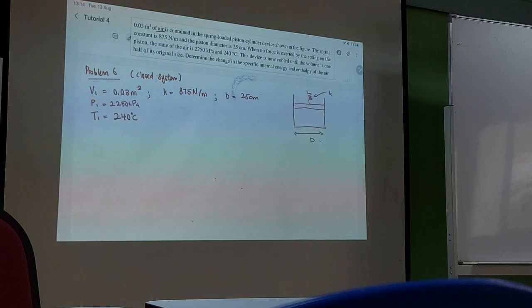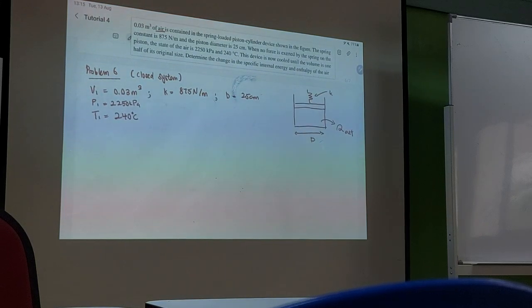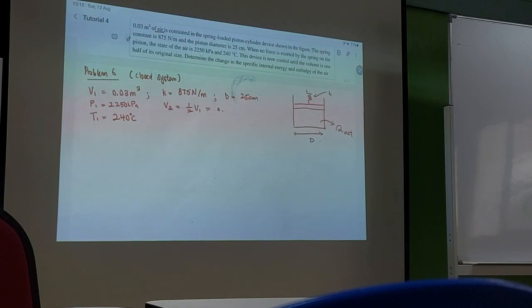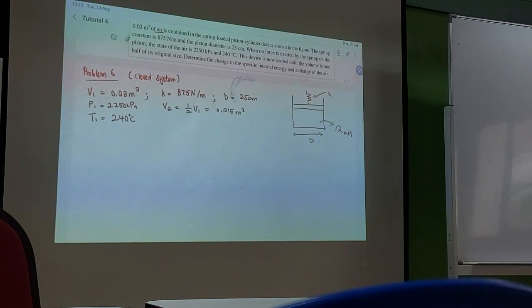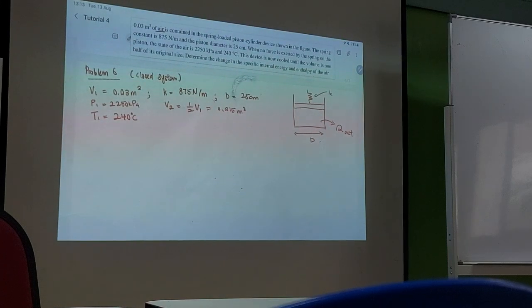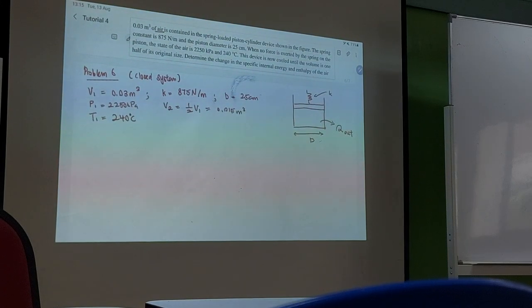And the device is now cooled, so you are taking heat away until the volume is 1/2 of its original. So we know that V2 is half of V1, which is 0.015. Determine the change in the specific internal energy and enthalpy of the air.